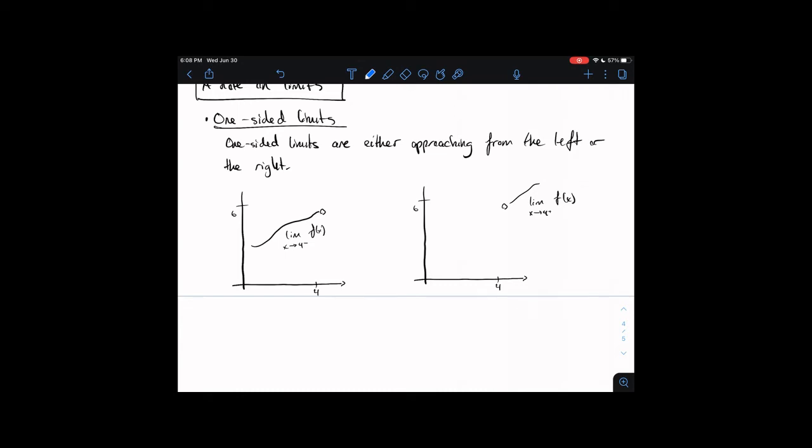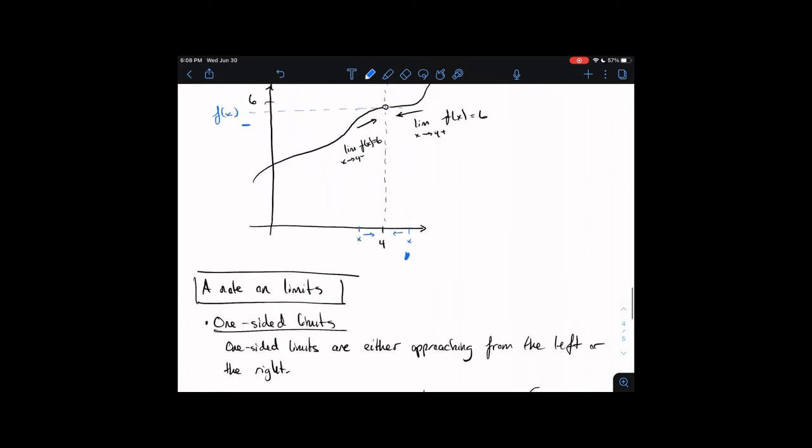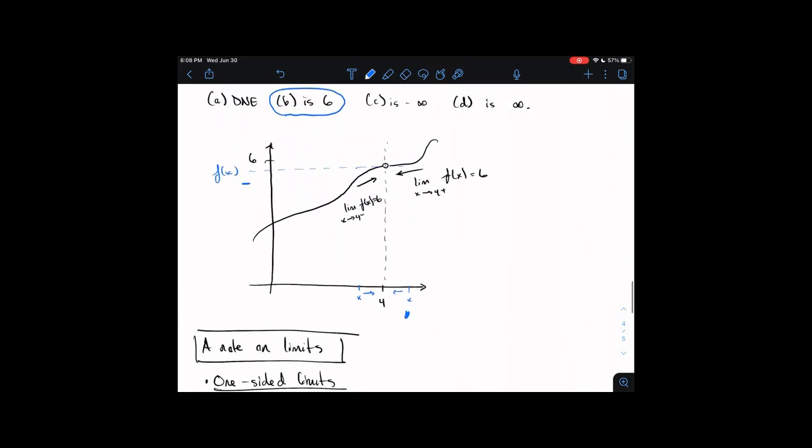So if you're looking at this function up here, for instance, and you're saying, well, I really want to know what f of 4 is, but f of 4 doesn't exist. Say this is a graph of whatever you want it to be.